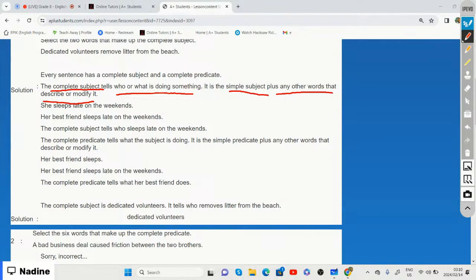We look at examples of our complete subject. It says, she sleeps late on the weekends. If we select our subject, which tells us who is doing something, then she is our subject.